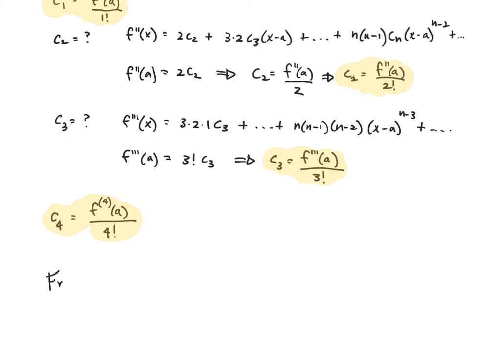From this, we see that our cn should be equal to the nth derivative of f evaluated at a divided by n factorial. This is a very mechanical way, assuming we can find derivatives and factorials easily, that we can find the coefficient.